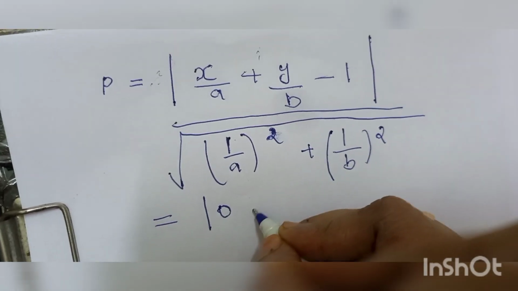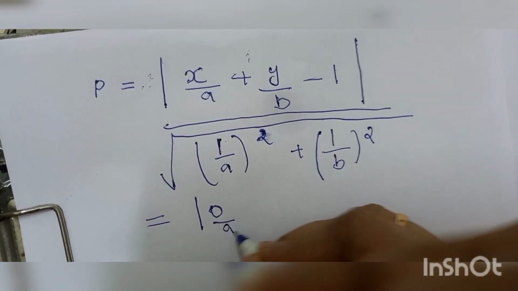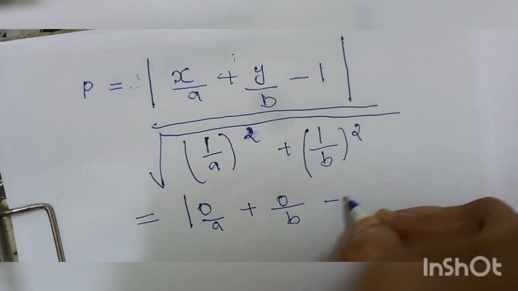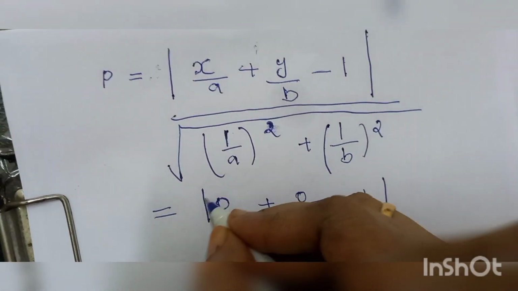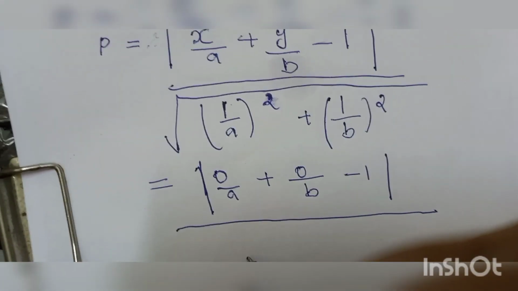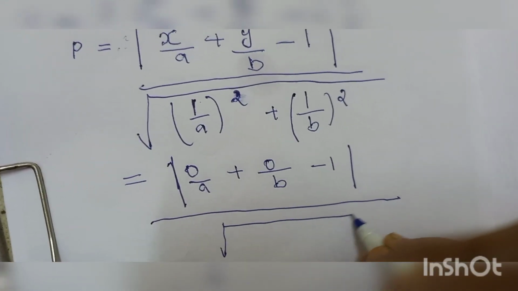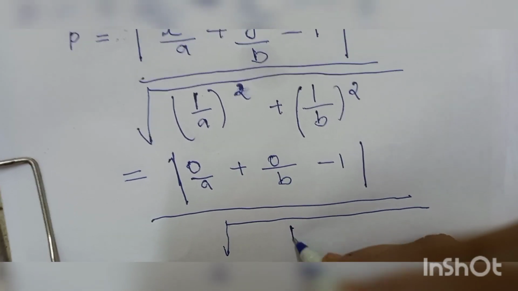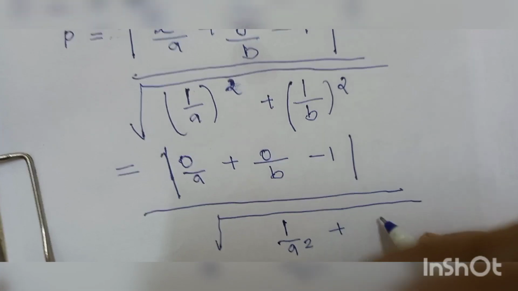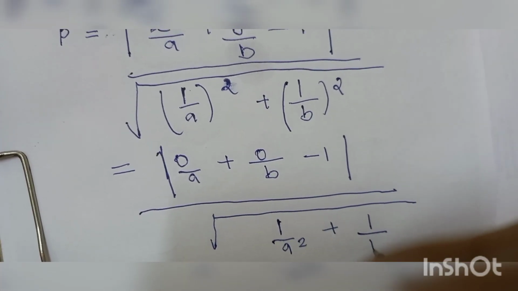Modulus of 0 by a plus 0 by b minus 1 whole divided by under root of 1 by a square plus 1 by b square we get.